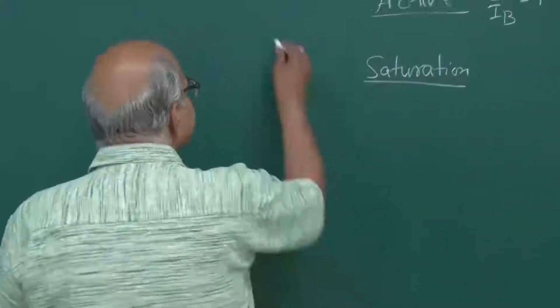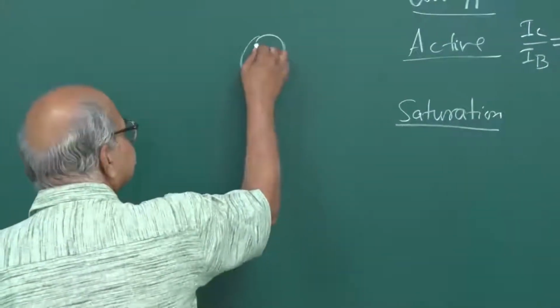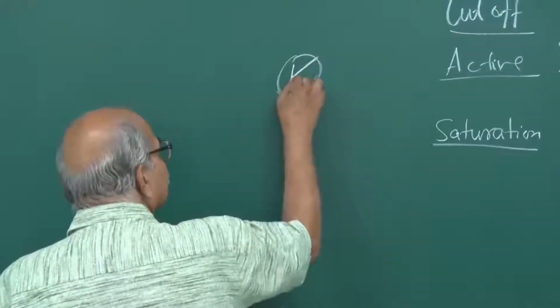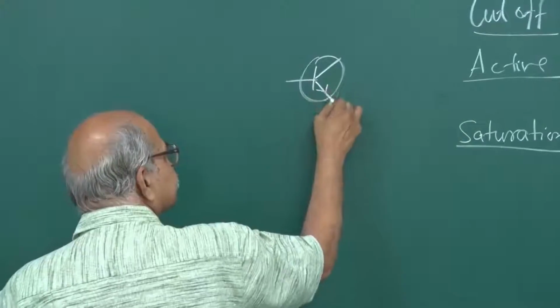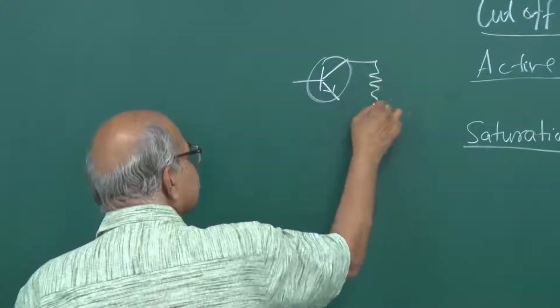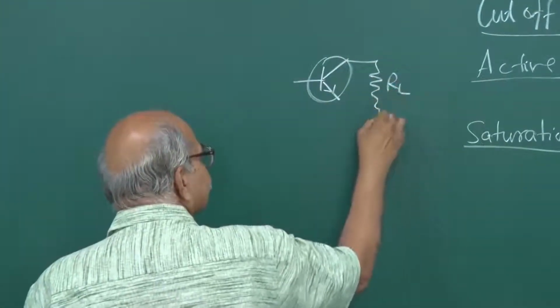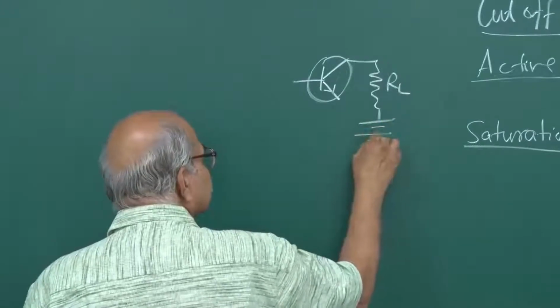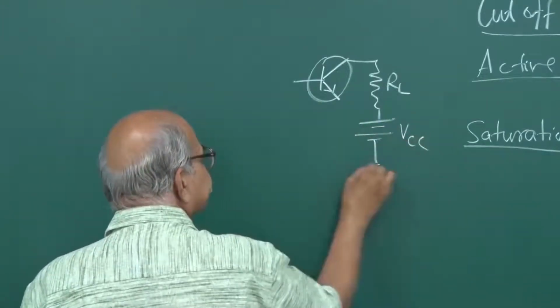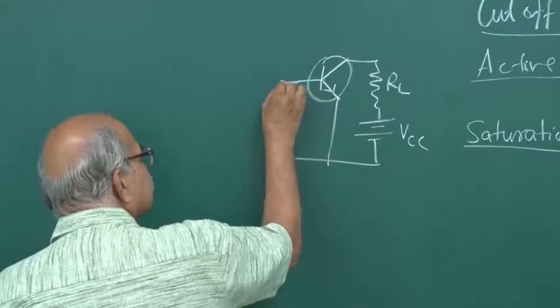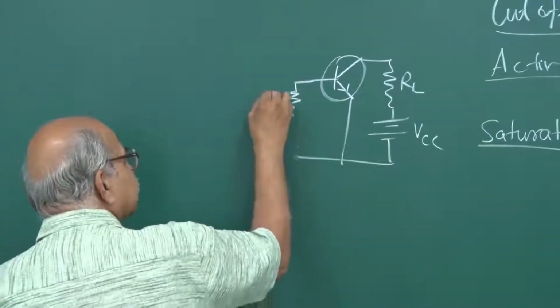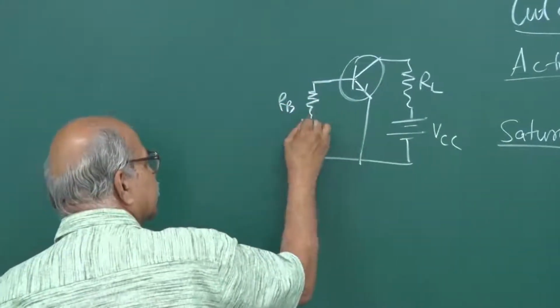Remember this, our figure. You have this load resistance RL, and then you have this biasing VCC. This side you have RB and this VBB.